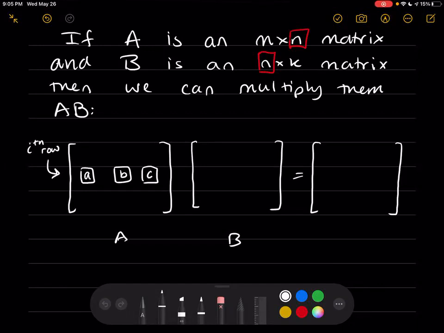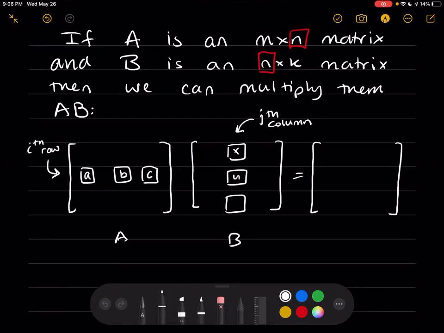And then we're going to look at a column in B. Again, let's give it some arbitrary numbers. So this will be the jth column, like the third column or whatever.